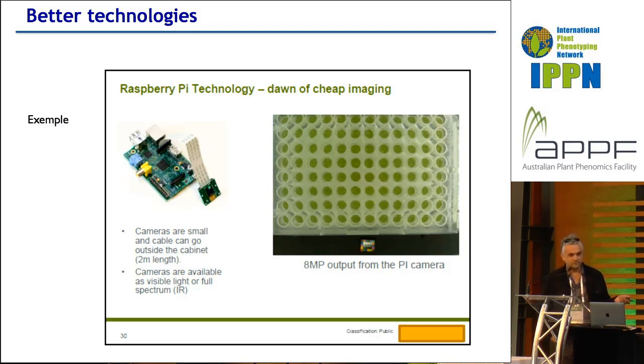This is a slide that came from the workshop of last year from Syngenta company. So even big groups which have enough money to pay for a very expensive camera use this kind of solution to monitor the growth of their plants in their systems.